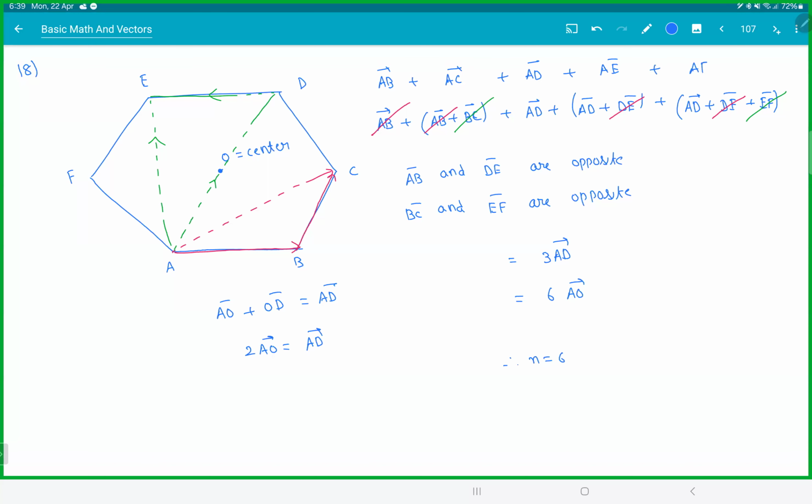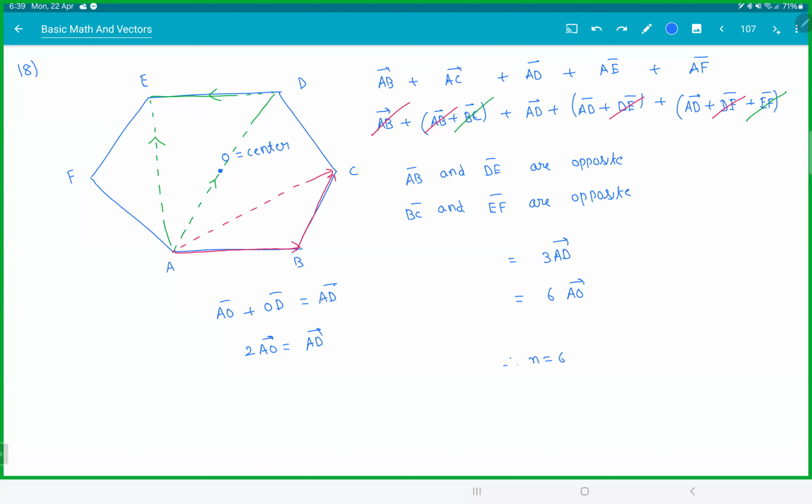And this is AF, so A to D, D to E, and E to F. So I opened up each one of them. And then if you observe, AB and DE are opposite, BC and EF are opposite, so opposite vectors will cancel out. What you're left with is 3 times AD. If you remember last time we did in hexagons, AD will be 2 times the length of the side, so AD will be 2 times AO bar. And then you're done. Check.